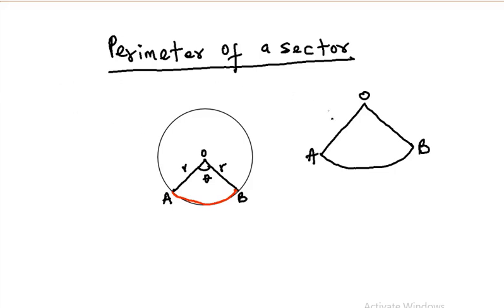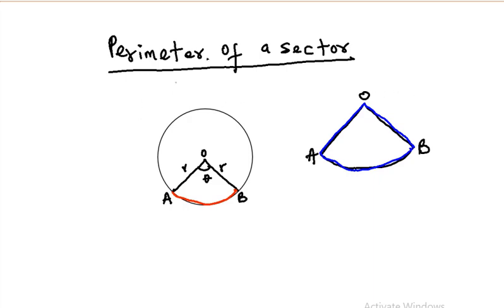I will need to go around the shape. Let's begin from A, add everything here, add everything here, and then add everything here. So if you go around the shape, you've just gotten the perimeter of a sector.